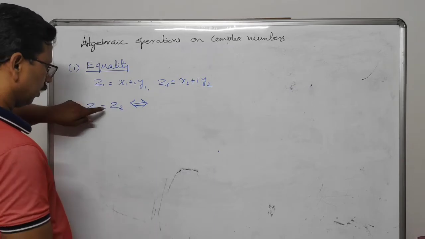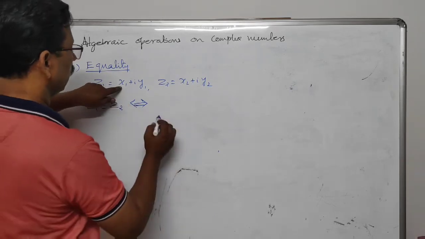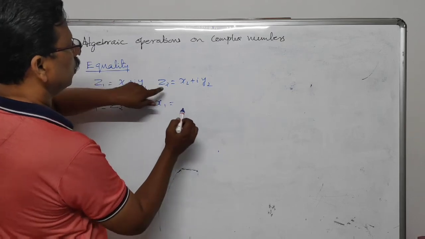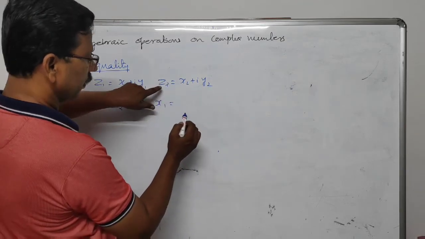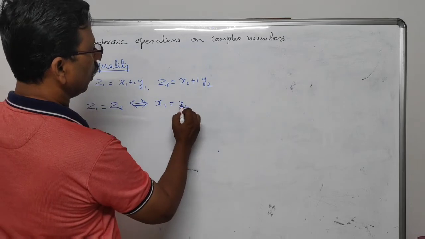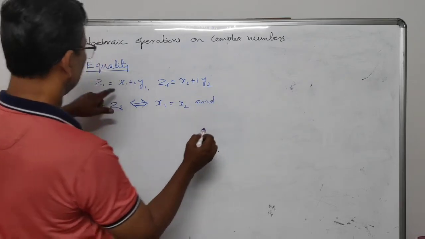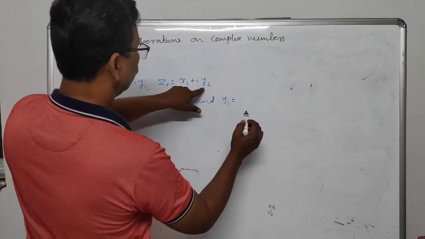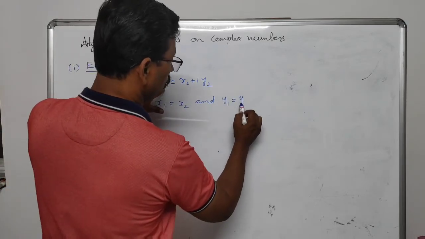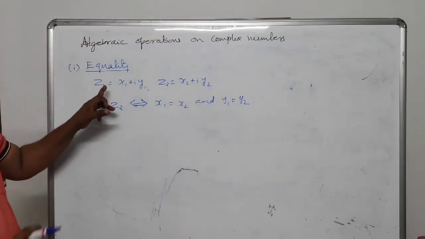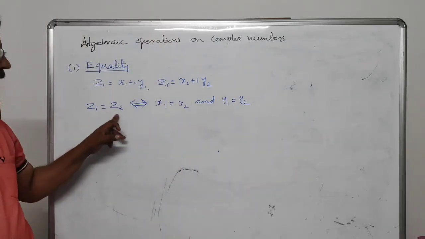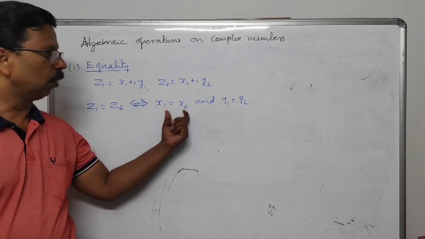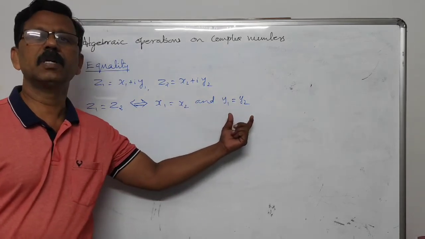That is, z1 equals z2 if and only if the real part x1 is equal to the real part x2, and the imaginary part y1 is equal to the imaginary part y2. Therefore the two complex numbers are equal if and only if their corresponding real parts are equal and their corresponding imaginary parts are equal.